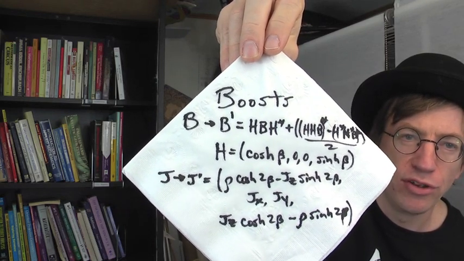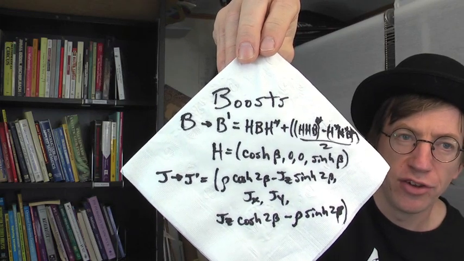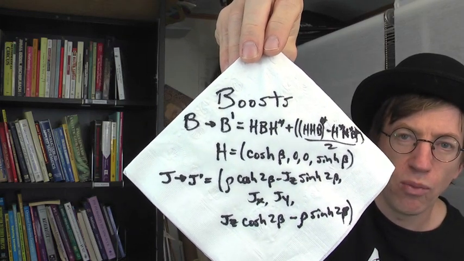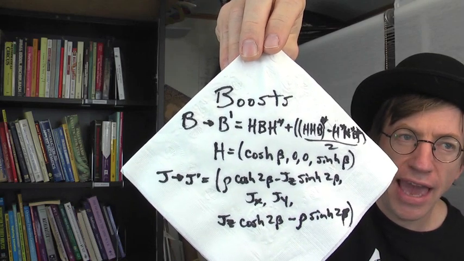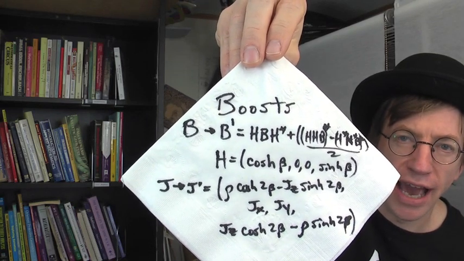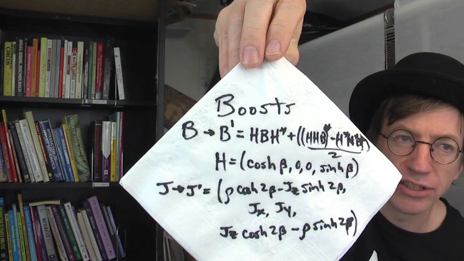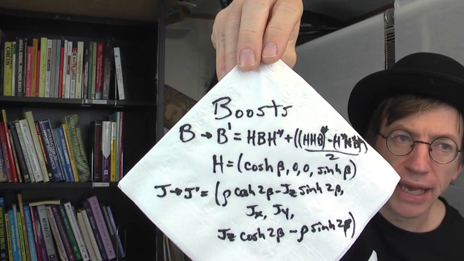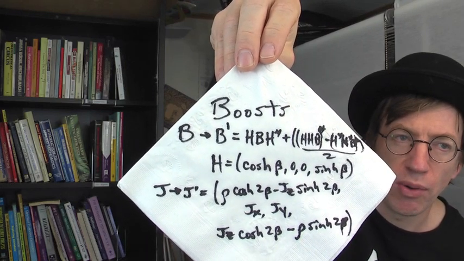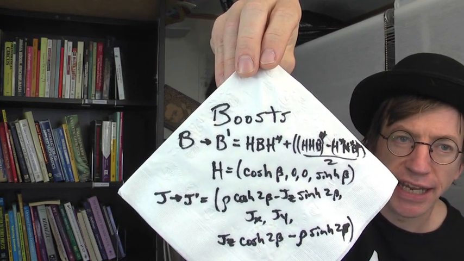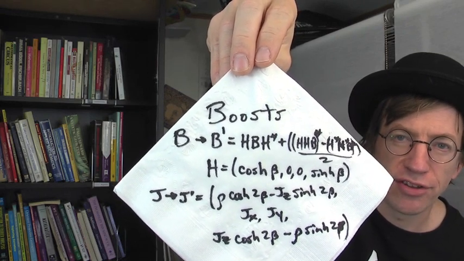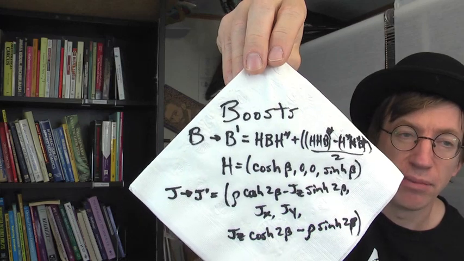Okay, and so when you do that on the good old J thing, you'll notice that the X and the Y, the JX, the JY, they're left alone. And it's the outside guys this time that get mixed around there. Actually they both get coshes and sinh's, and they do have the same sign this time.